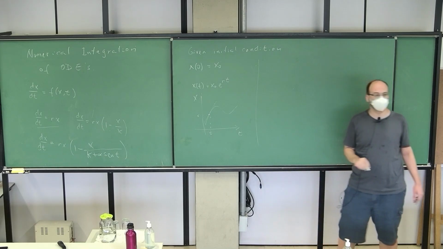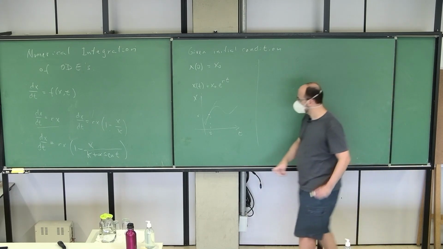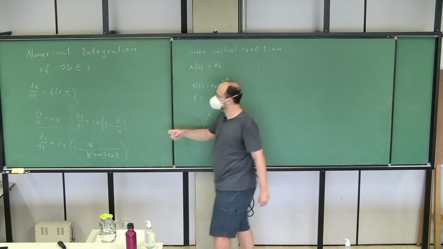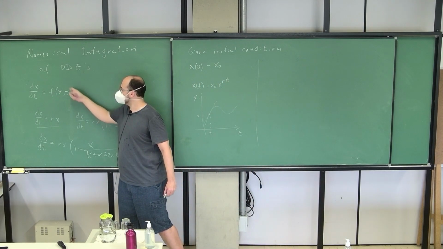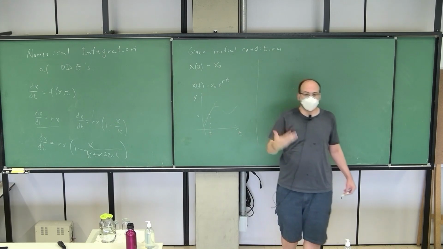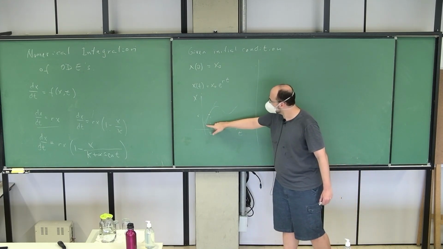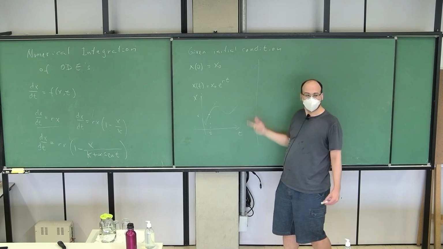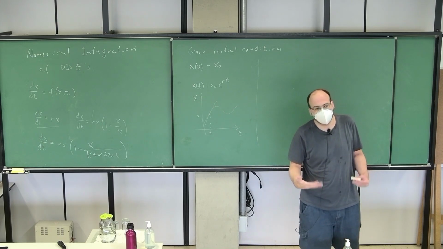So if I take this t and this x and substitute here, f of x, t, this will have the same value as this tangent here, okay? And this will hold for all of the points. So this is what the differential equation means, okay?